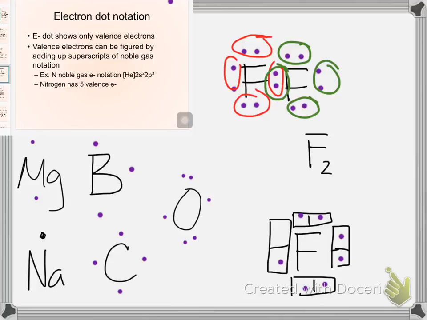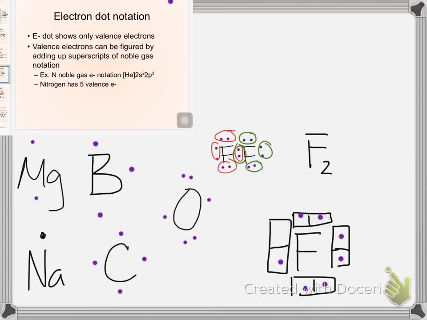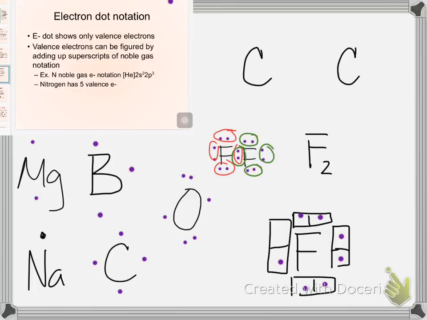Carbon is fantastic. So I'm going to draw my carbon again. Carbon does a really great job bonding to other carbons and bonding to hydrogens and bonding to lots of things. Carbon forms 4 bonds. It's got those 4 valence electrons, so it forms 4 bonds.